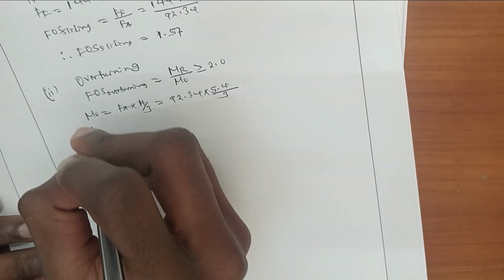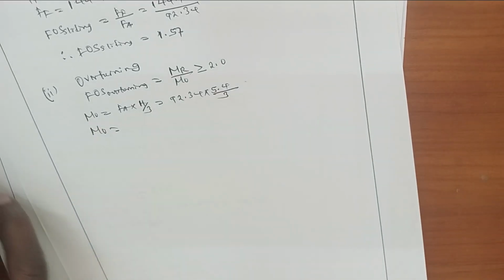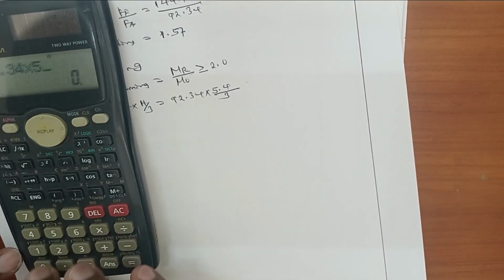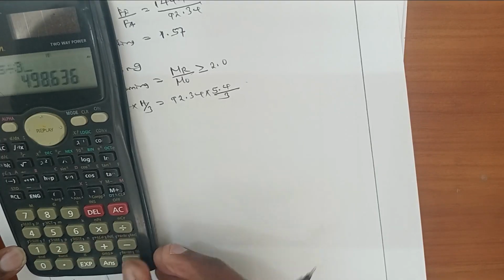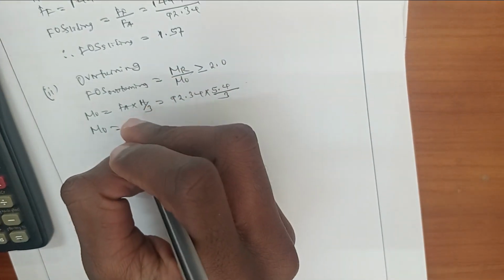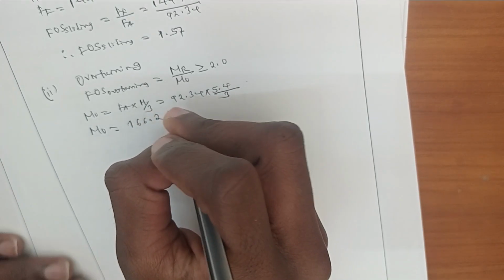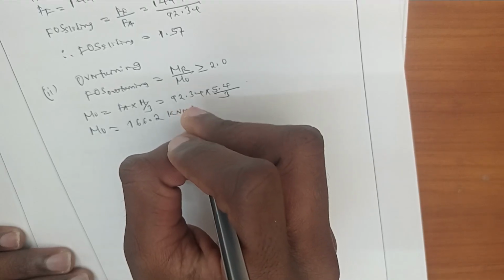So the overturning moment is 92.34 times 5.4 divided by 3, which will be equal to 166.2 kilonewton meter per meter.